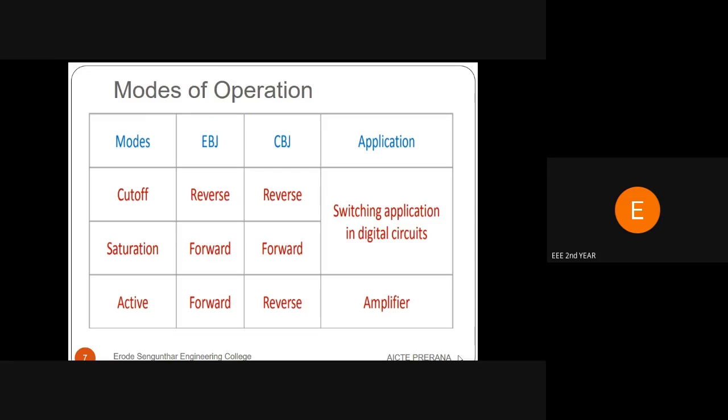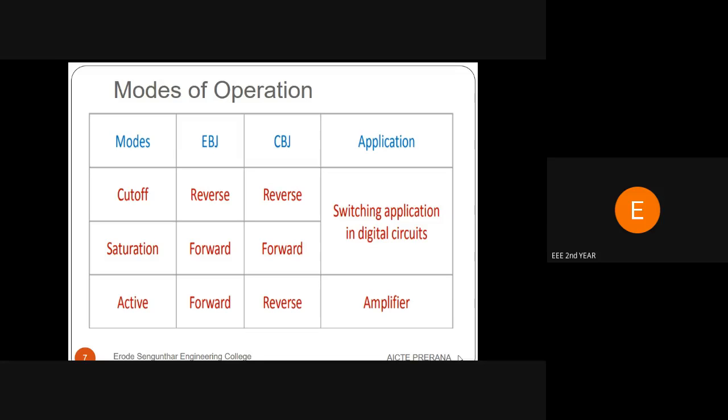Now let us see the modes of operation of the transistor. Depending upon the external polarity of the bias voltage, the transistor can be operated in three modes. The modes are cutoff mode, saturation mode, and active mode. In cutoff mode, the emitter-base junction and collector-base junction are reverse biased.